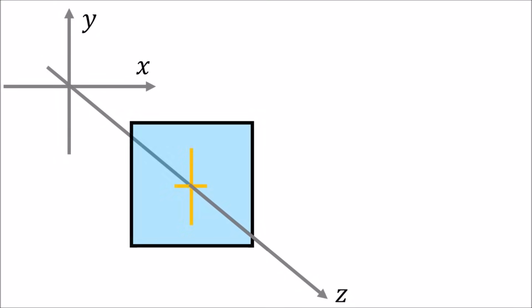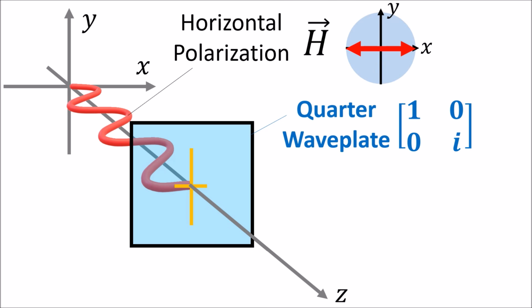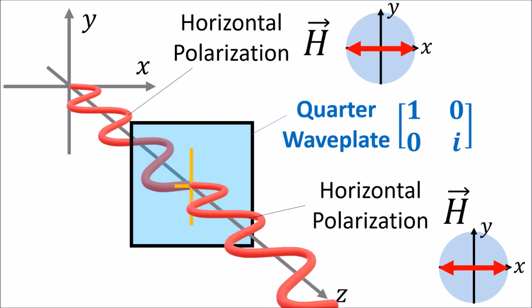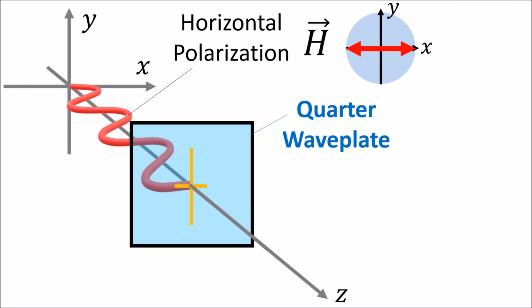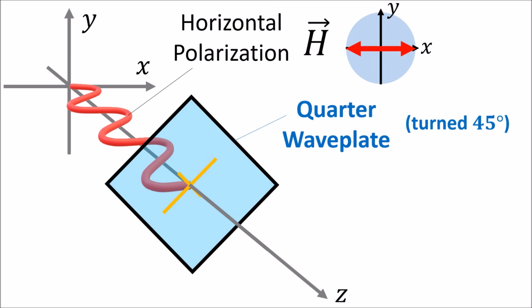Now, it's interesting to note that if we put a horizontally polarized wave H through this quarter wave plate, nothing actually happens. The output wave is still horizontally polarized. But that doesn't mean that this waveplate is totally useless for horizontally polarized waves. We can make something interesting happen if we rotate this waveplate by 45 degrees.